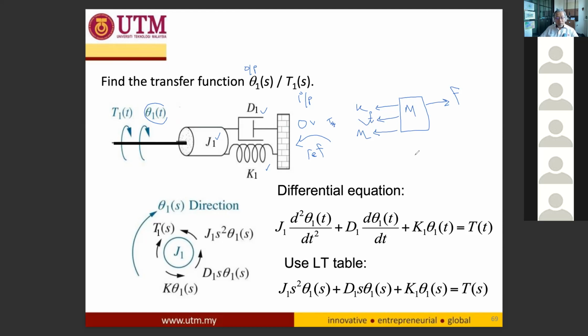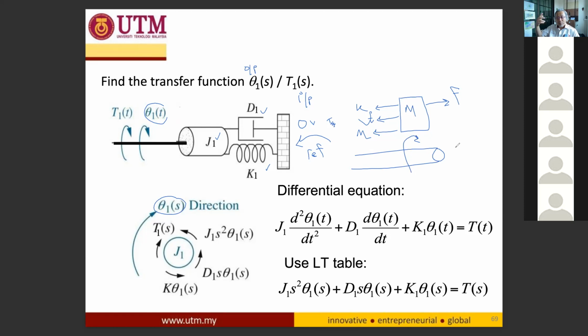For the rotational mechanical system, it is represented by the input, which is T1, the torque, and the output, which is theta 1, the angular displacement, the direction of the rotational inertia J1. J1 is usually a steel shaft that rotates, clockwise or anti-clockwise.